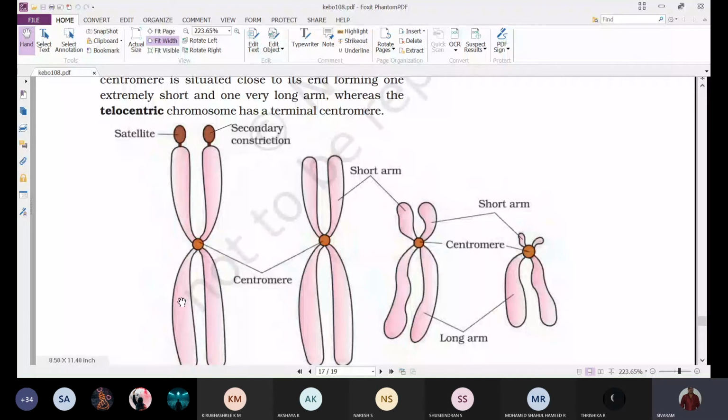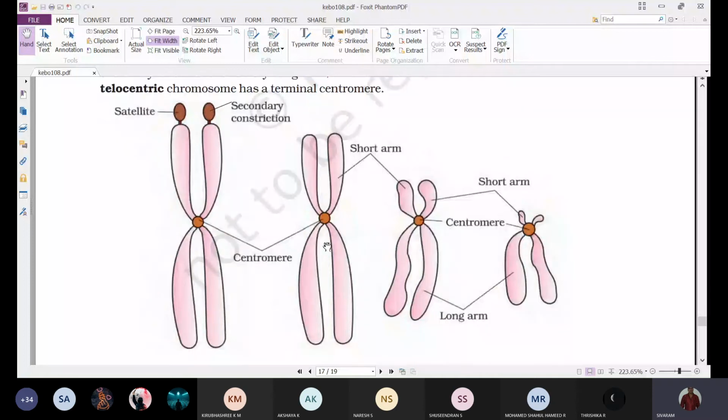And here we can see the submetacentric chromosome. Here the centromere is slightly away from the center. That's why we got a slightly longer and a slightly shorter arm. That's why we call it a submetacentric. And here we can see the acrocentric. Acrocentric means we'll find a very short arm of one chromatid and another one as a long chromatid.